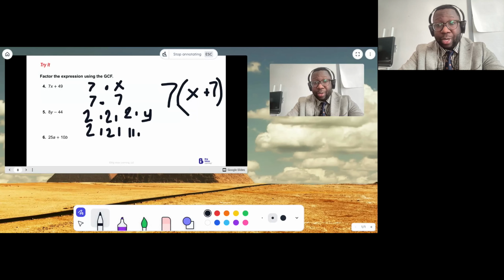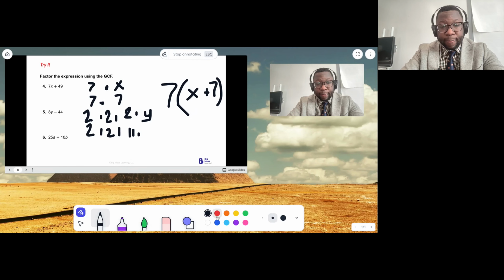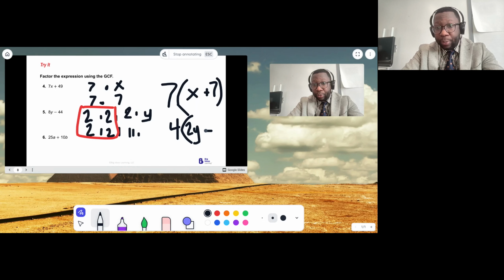And what do these two have in common? 2 sets of 2, which means that the greatest common factor, 2 times 2, is going to be 4. And what are we left with? We're left with 2y and 11. And the operation is subtraction, so we're going to write minus 11.